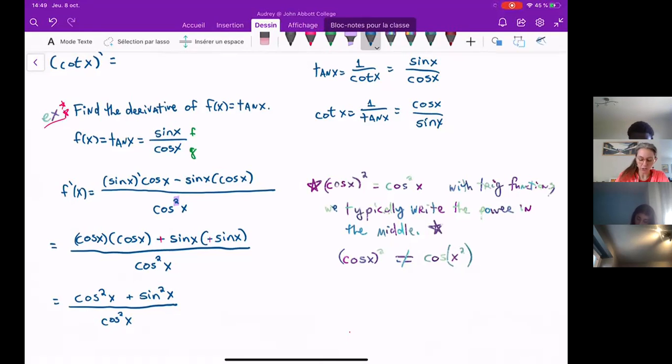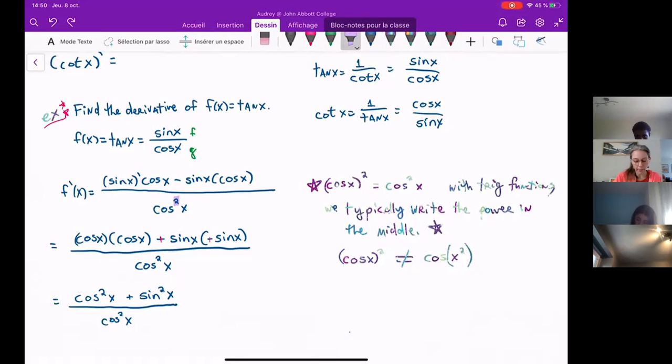Okay, can I cancel out those two cosines? Like, can I do that? I have some yeses and some nos. Are we allowed to cancel when we have a plus sign? No. So I cannot cancel those out because of the plus sign.